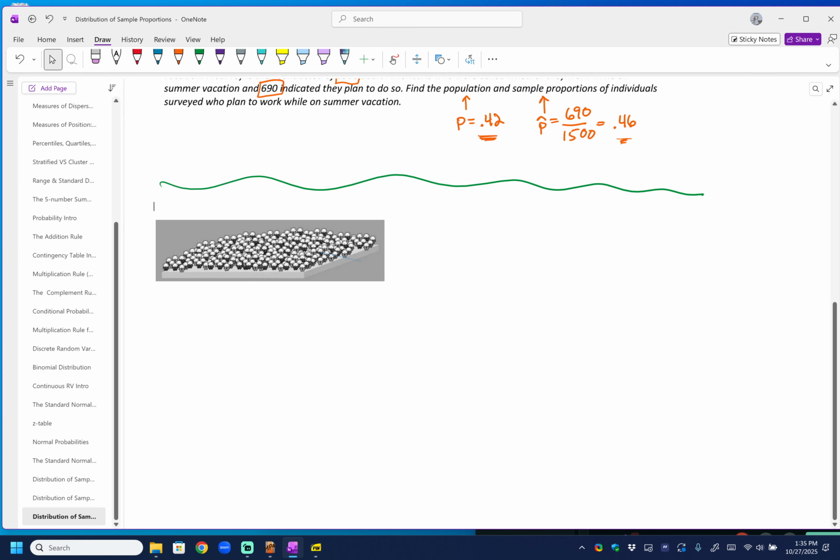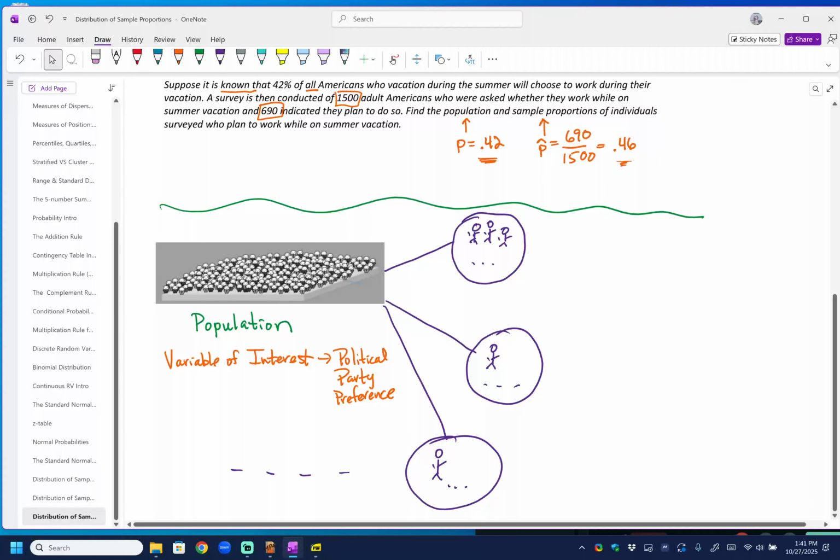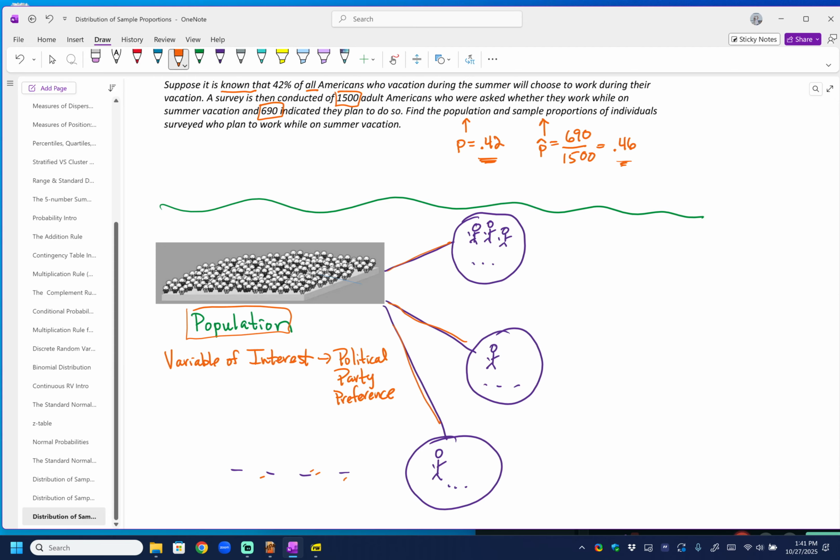So this is going to be our population, our variable of interest. Just as a reminder, when we're doing a sampling distribution, we have our population and we take sample after sample after sample of a certain amount of people from our population.